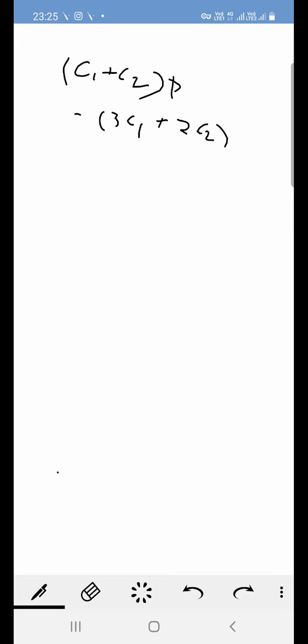So we can write the numerator as C1 plus C2 into p minus 3C1 plus 2C2. This should be equal to 2p plus 1.